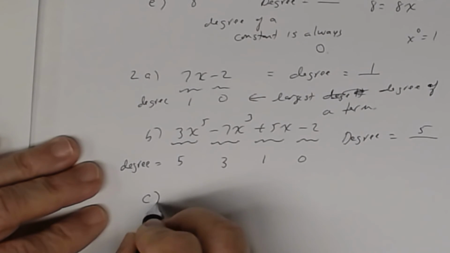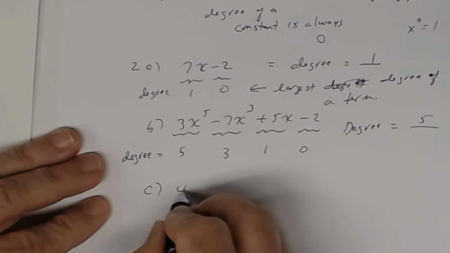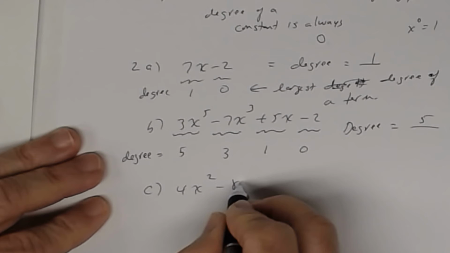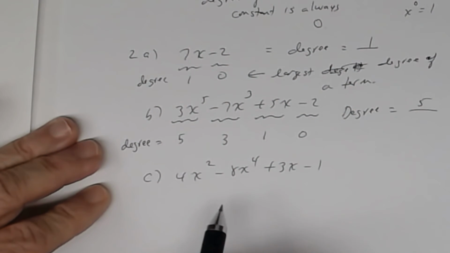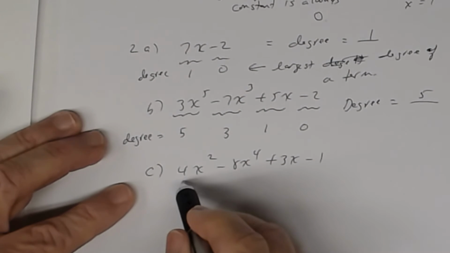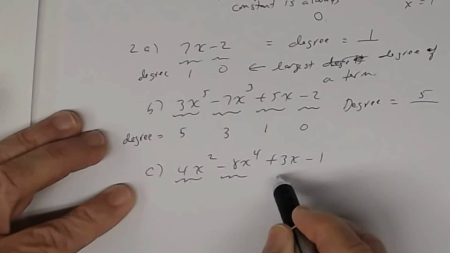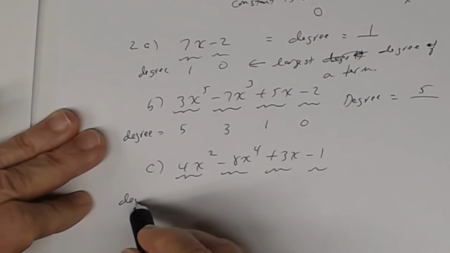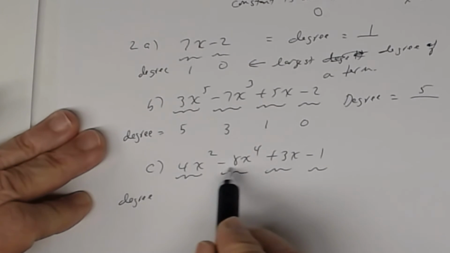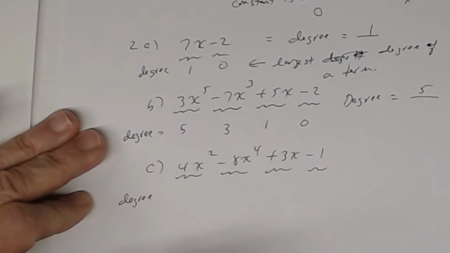All right, C, you have 4x squared minus 8x to the fourth plus 3x minus 1. Again, you need to know your terms, so I have 4 terms. 1, 2, 3, 4. We got to find the degree of each of those terms, and the degree of the polynomial will be the largest one listed.